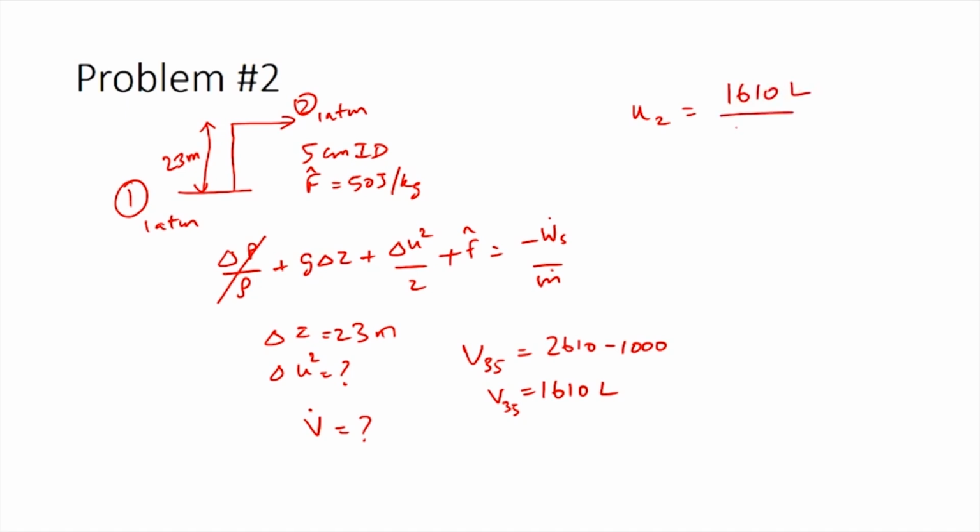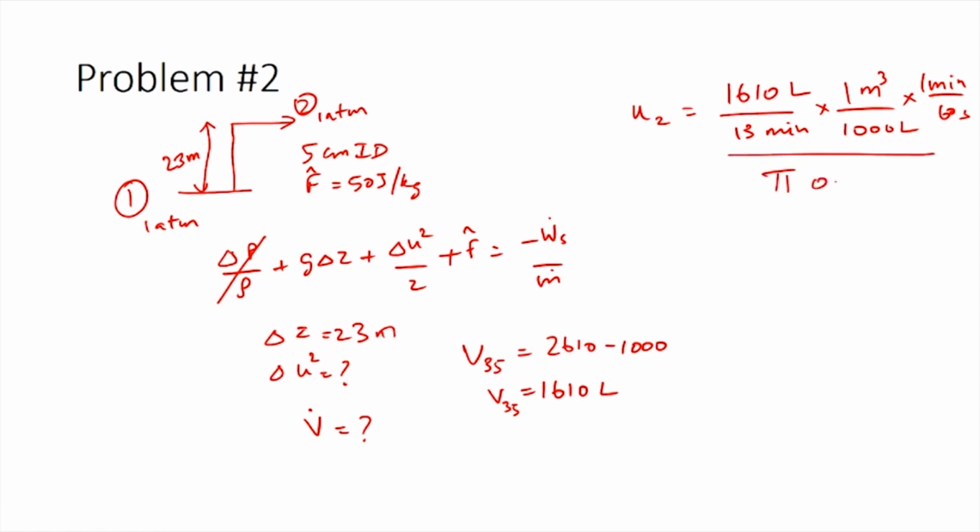1610 liters divided by 13 minutes, times 1 meter cube per 1000 liters, just for converting them to meters, and the minutes can be converted to seconds as 1 minute contains 60 seconds. So, this now gives you the volumetric flow rate in terms of meter cubes per second, and this can be divided by the cross sectional area, which would be pi r squared.